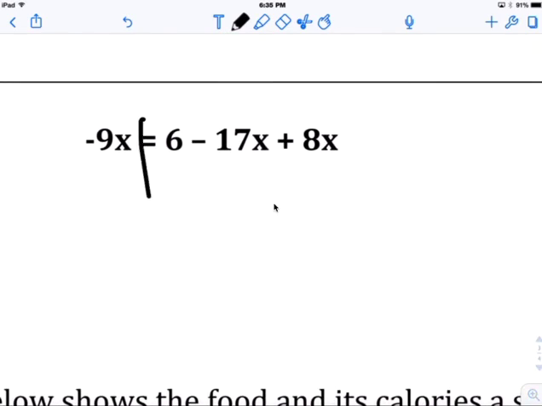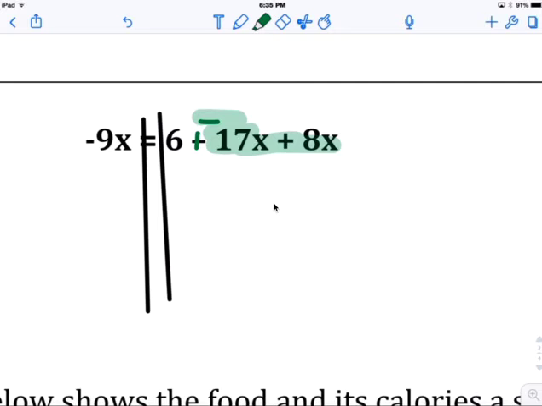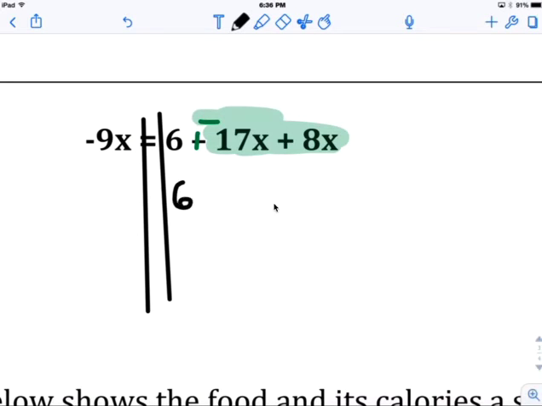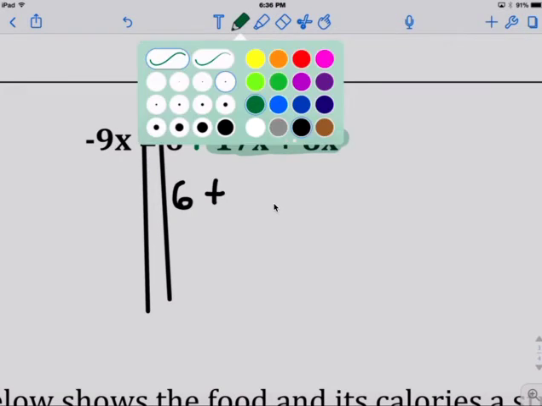Okay, this one here. Additive inverse first, right? Plus a negative. Combine the terms, a negative 17 plus 8. Copy the 6 plus, that's a negative 9x.